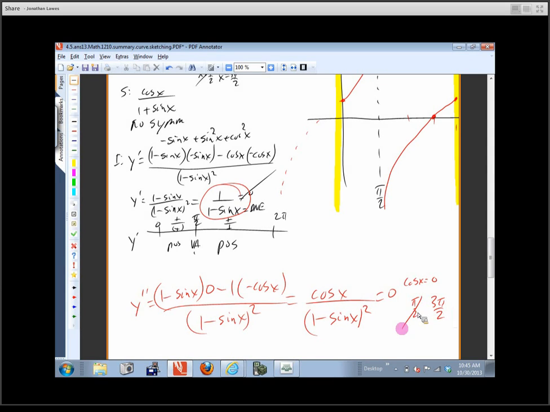Pi halves isn't in the domain, so 3 pi halves is a point of inflection. So we're concave down here, and then concave up after that. So each one of these branches kind of looks like this, and this point right here would be 3 pi halves, comma 0. Okay, any questions there?